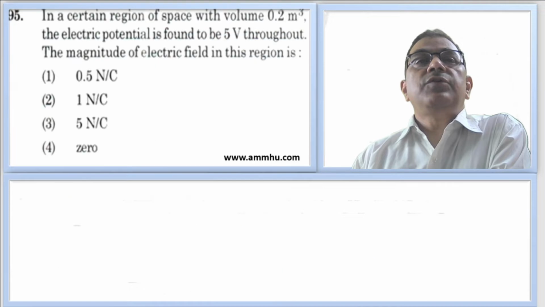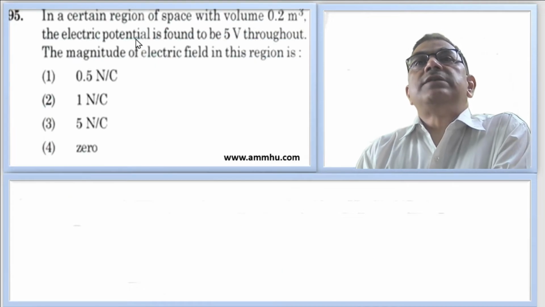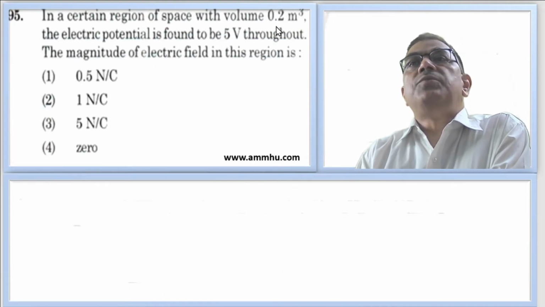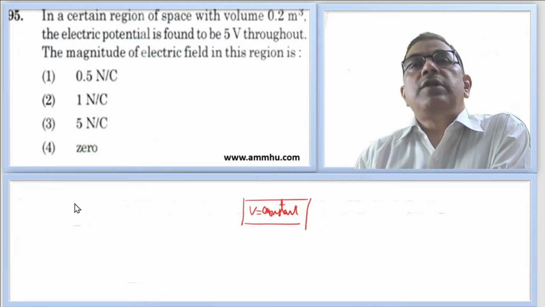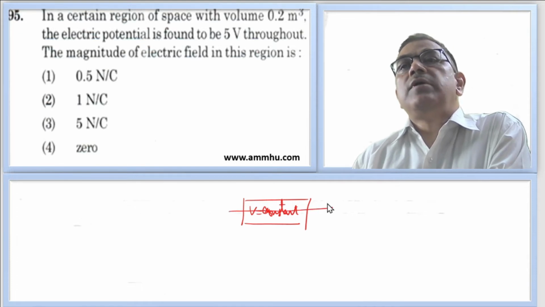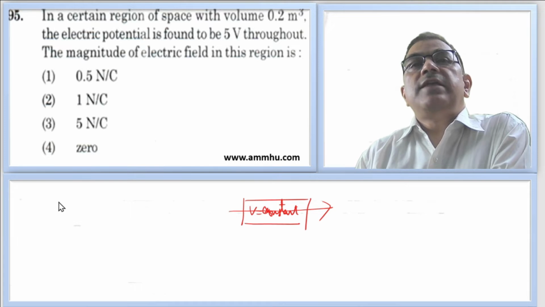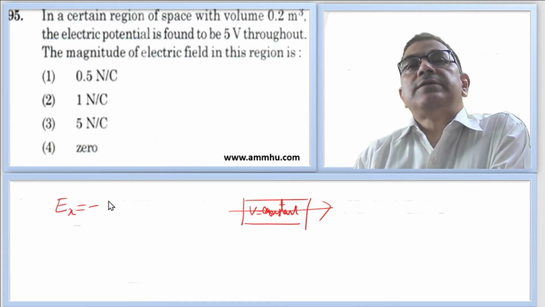Let's come to the next question. In a certain region of space with volume 0.2 meter cube, the electric potential is found to be 5 volt throughout. So here is a region in which the potential is constant. This is important, and we already know that the variation of electric field in x direction is given by minus dV by dx.